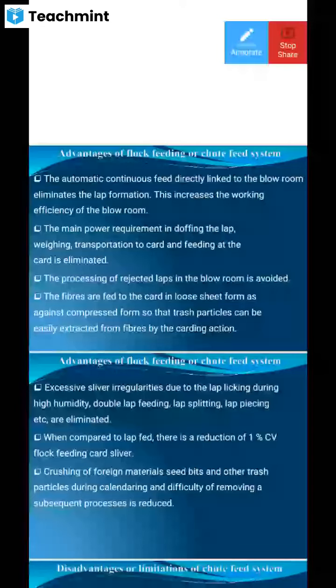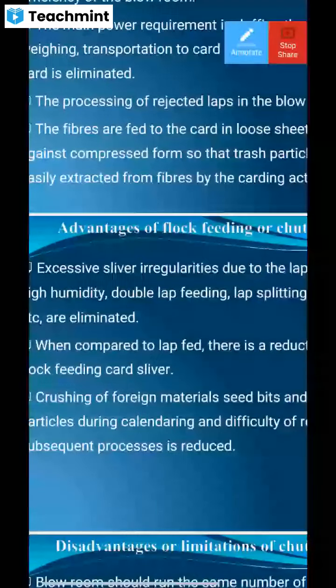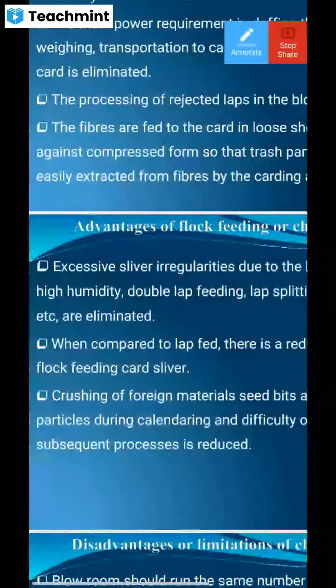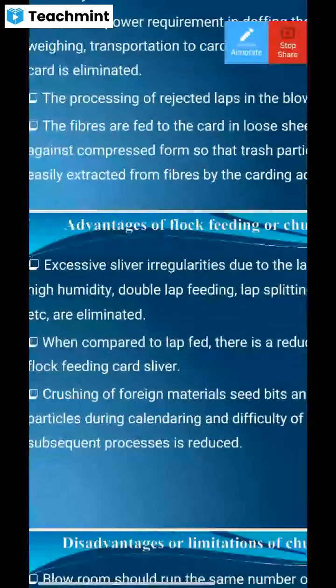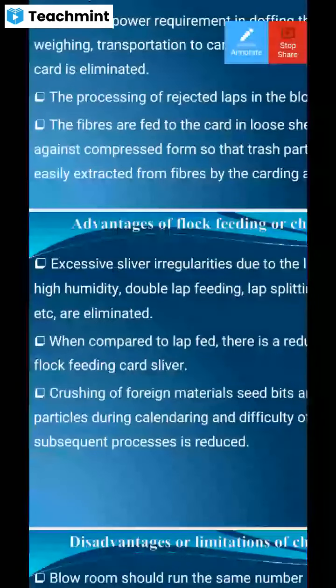The advantages of flock feeding or tube feed system: the excessive sliver irregularities due to lap licking during high humidity, double lap feeding, lap splitting, lap piecing, etc. are eliminated. Here, this point is very, very important.